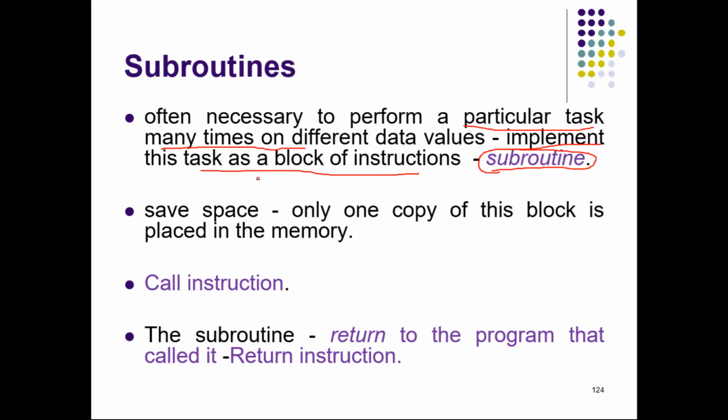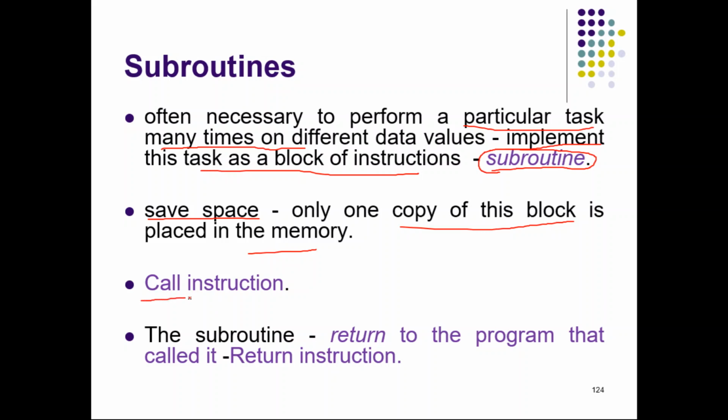So the main advantage is it saves space. That is, it saves code space and also memory space, because you are not keeping multiple copies of the code. Only one copy of this block is placed in the memory, and when somebody wants to access it again and again, they will just call that.